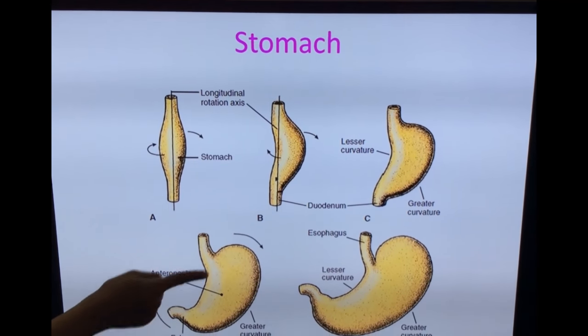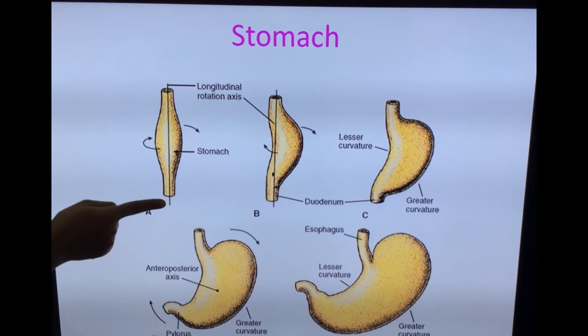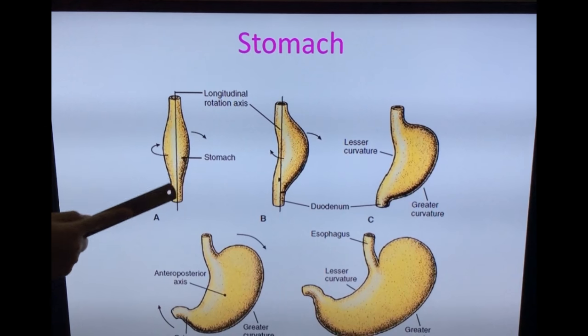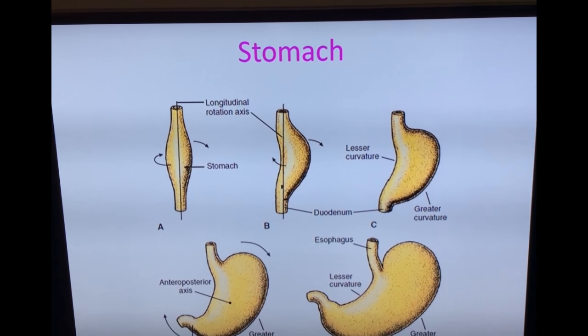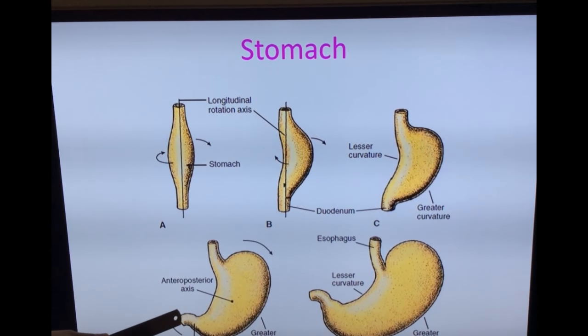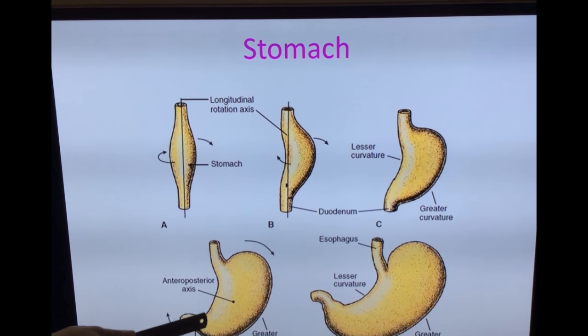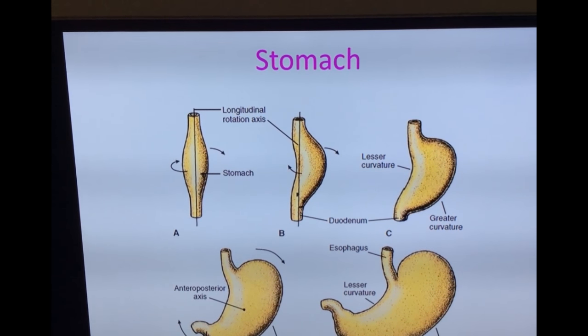Then, initially the cephalic end and the caudal end will be in the midline. Due to the difference in the rate of growth and rotation, the caudal end will move towards the right side of the body, and this forms the pyloric part of the stomach.